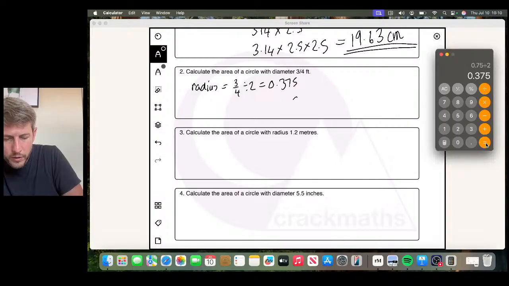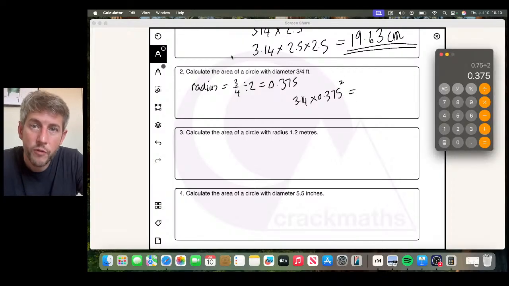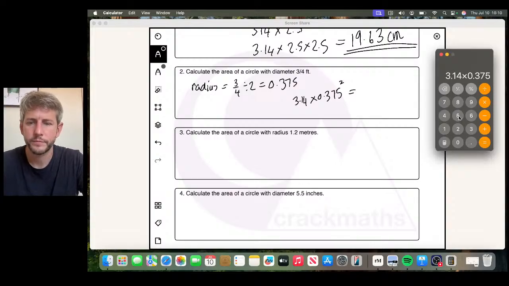And so we've got 3.14 times 0.375 squared. Okay, and we don't have to write out that separate working out, we just need to know what squared means. So 3.14 times 0.375 times 0.375.